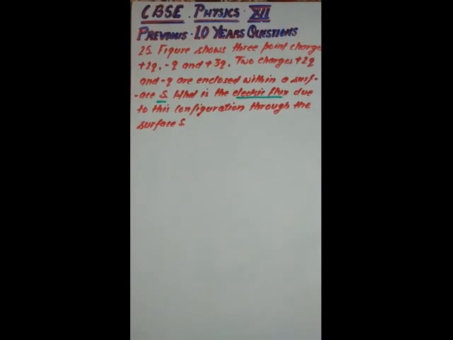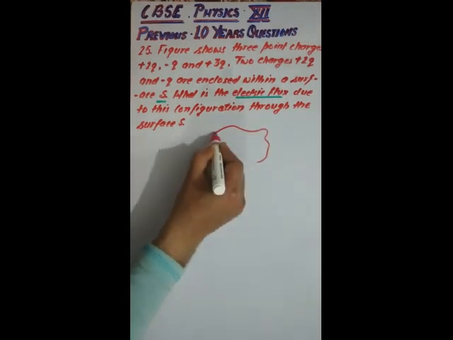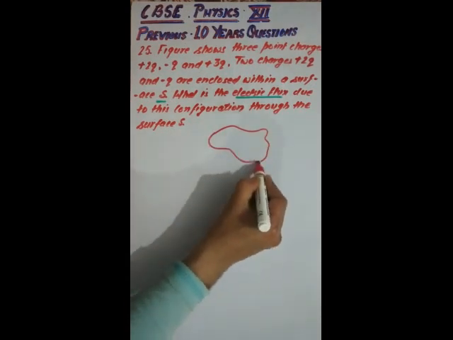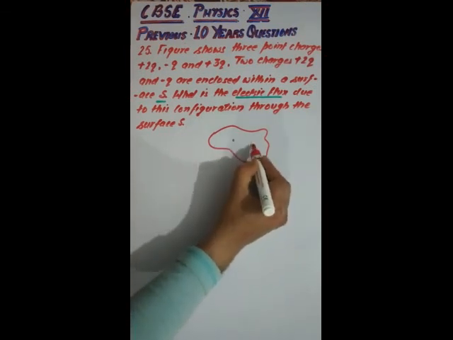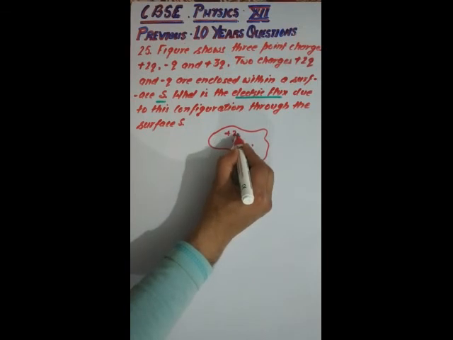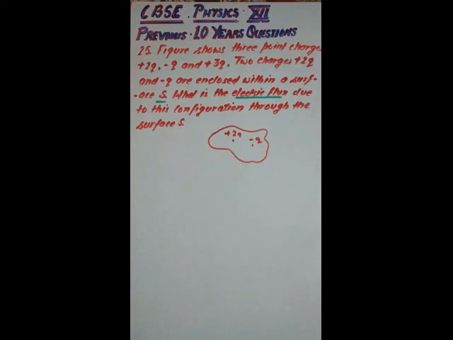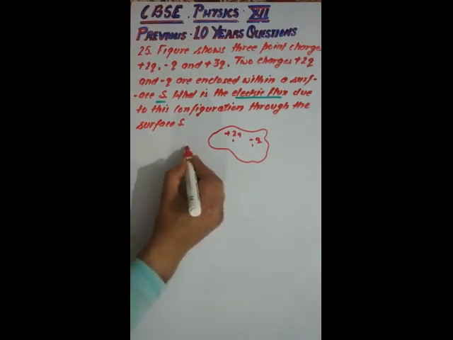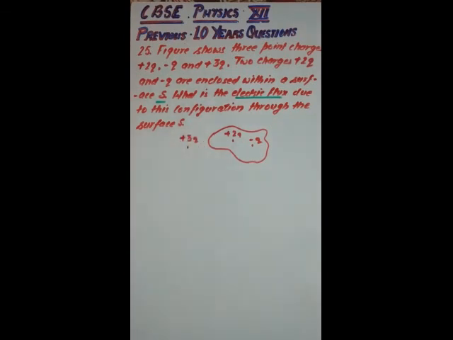In the question they have given the figure like this. Two point charges, positive 2q and negative q, are enclosed inside the surface, and another charge, positive 3q, is outside the surface.